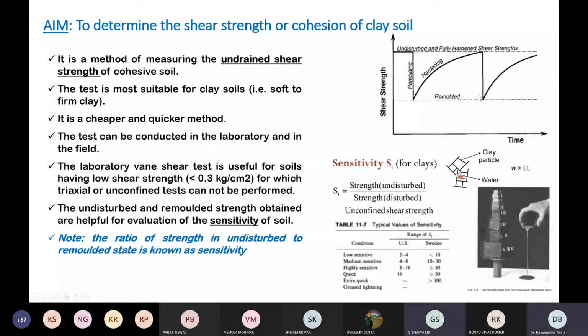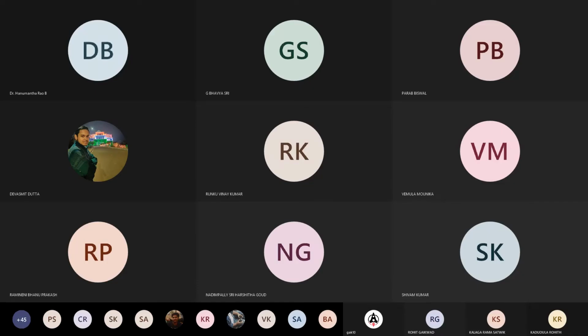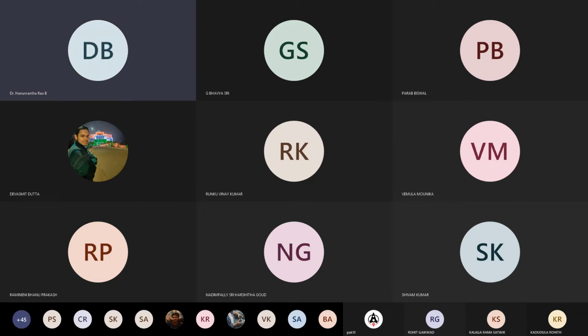Sir, the slide has not changed. Which slide are you seeing? Sir, that there is aim on that slide. Oh, goodness. Still you are aim only. Now you will be able to see.